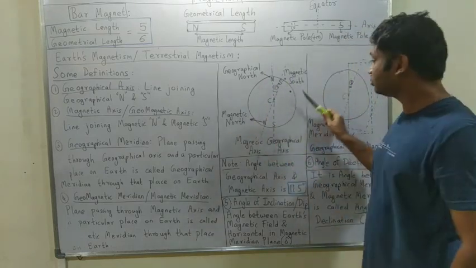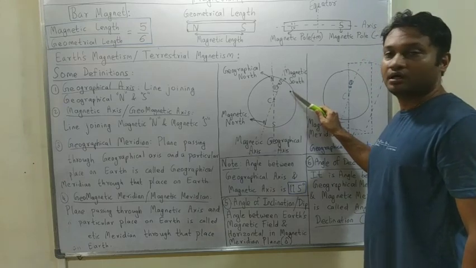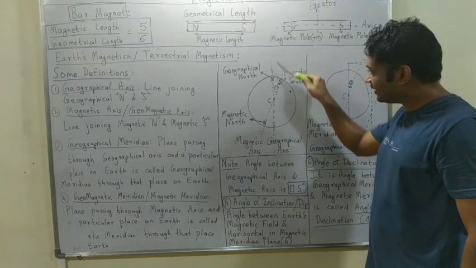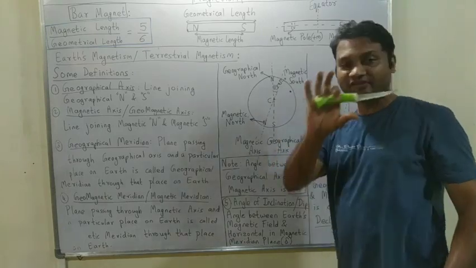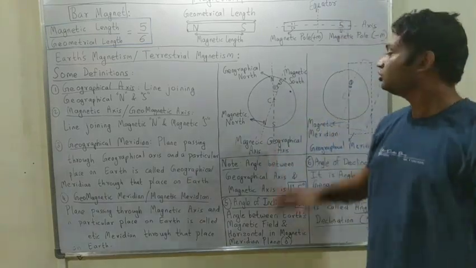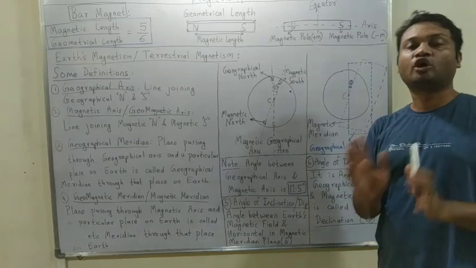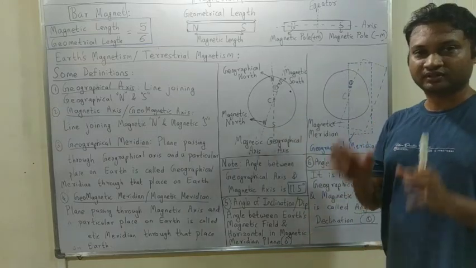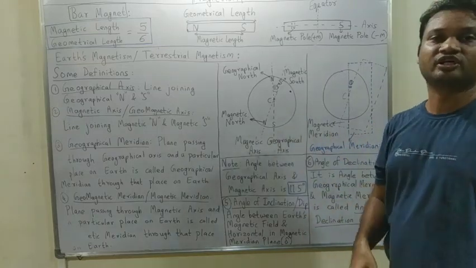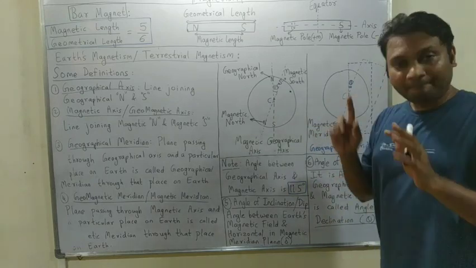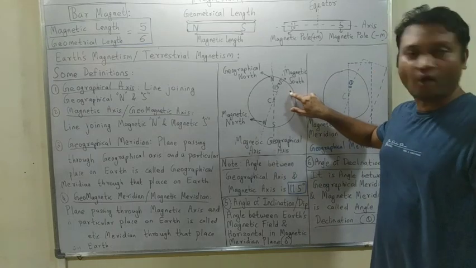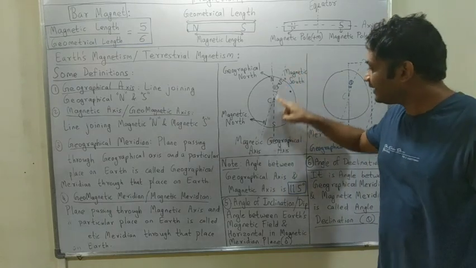The plane passing through the geographical axis and a particular place on earth is known as the geographical meridian of earth. Then coming to the next definition, the magnetic meridian of earth: the plane passing through a particular point on earth and the magnetic axis.